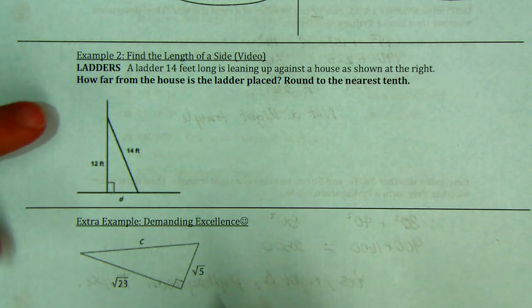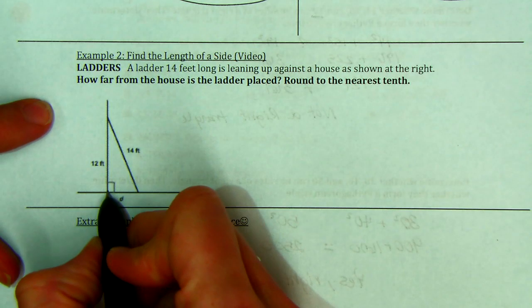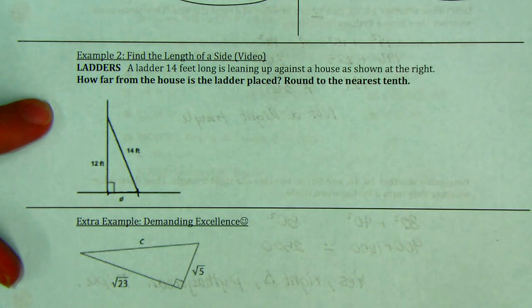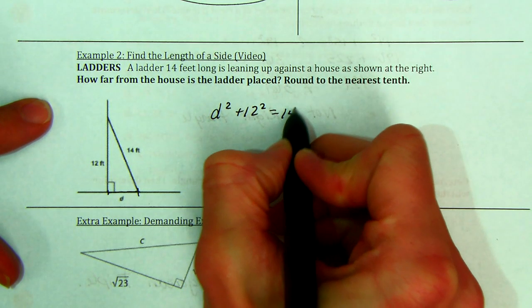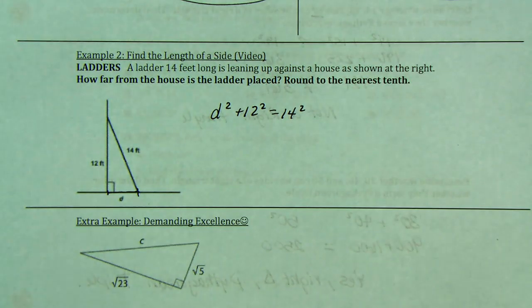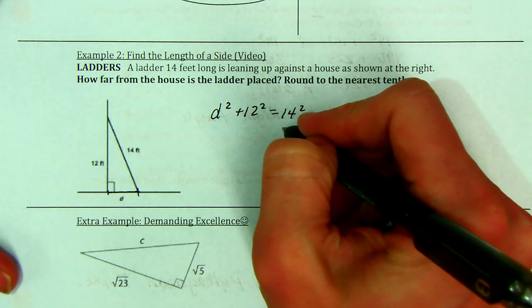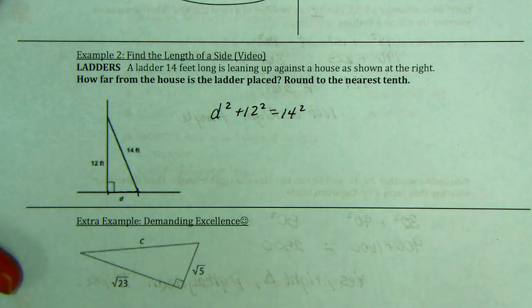14 is our hypotenuse, so whether it's d squared plus 12 squared equals 14 squared, or 12 squared plus d squared equals 14 squared, it doesn't matter. So 14 squared is, oh shoot, yeah, 196, just my brain's not working, and 144.